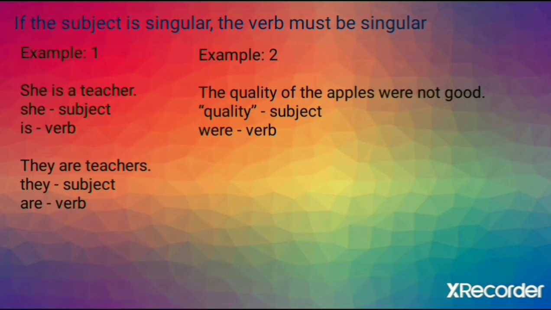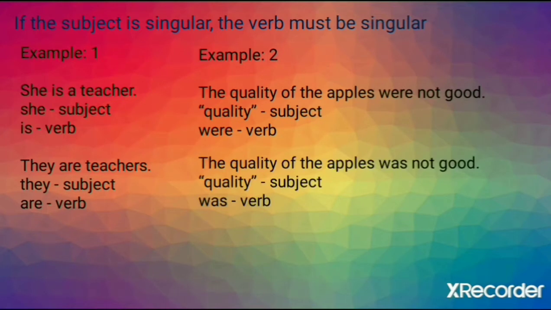But since the subject, the quality of the apples, is singular, the singular verb was should have been used instead of were. So the correct sentence is: the quality of the apples was not good. It is not were not good.